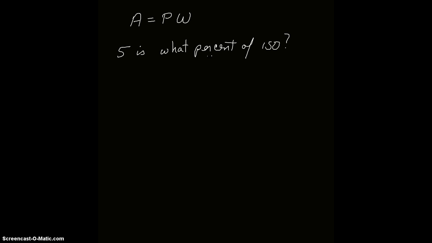What percent? That's our unknown. Nowhere in this problem have I been given a percent. So again, I'm just going to put it exactly in the form of this formula, and I say 5 is what percent? Well, P, that's what we're looking for, times 150. And now I just solve for P.